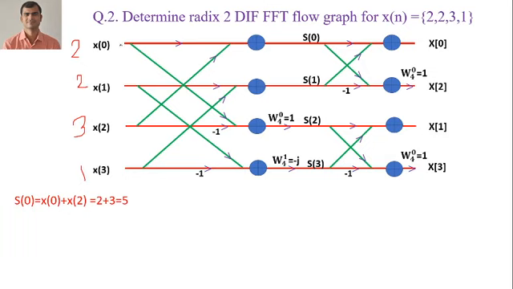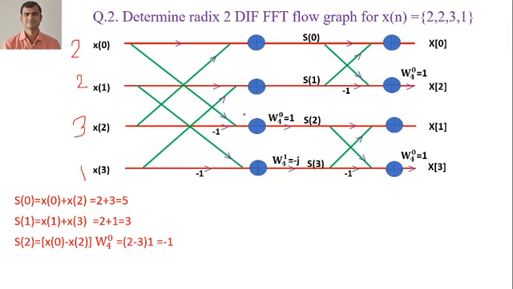S0 is nothing but the addition of 2 and 3, which is 5. S1 is the addition of 2 and 1. S2 is x of 0 minus x of 2, so 2 minus 3 equals -1. Then we need to multiply W40, that is 1.